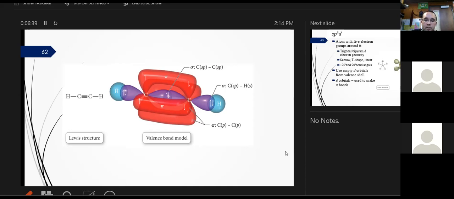Twisted, right? As you're making those extra bonds, they get tied in to each other. Our pi bonds form on the outer side of that sigma bond, and their overlap prevents them from rotating.